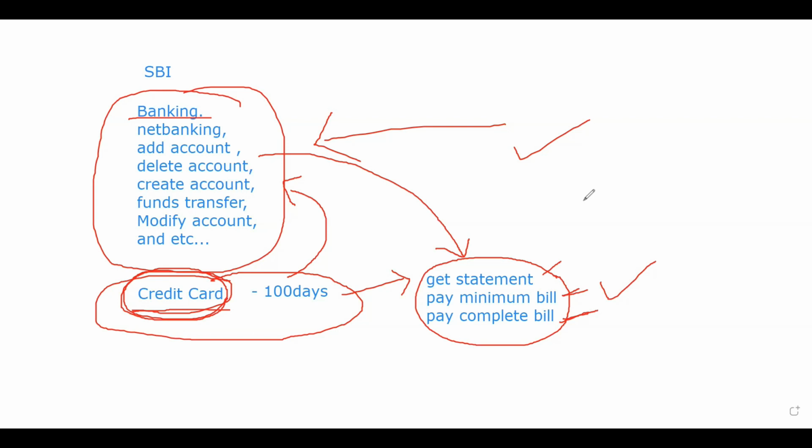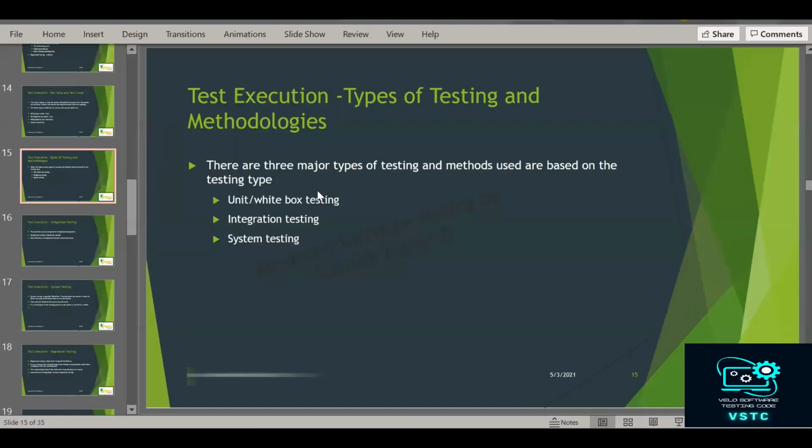Yes, sir. So that is called integration. Whenever you add a new feature to the existing application, it should not disturb the existing features, and the new features should work as well. That is called integration testing. Remember that. Am I clear? Clear, sir.